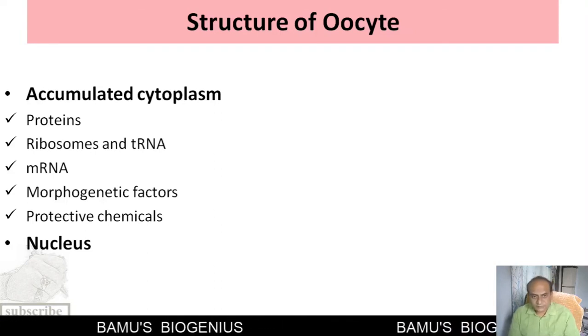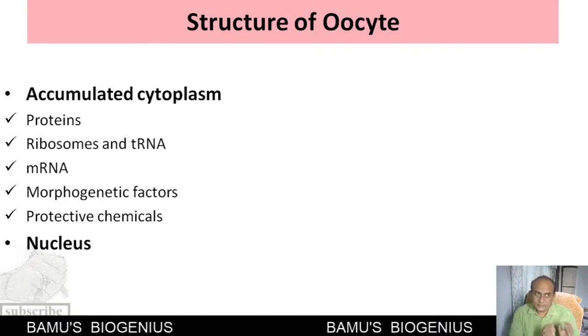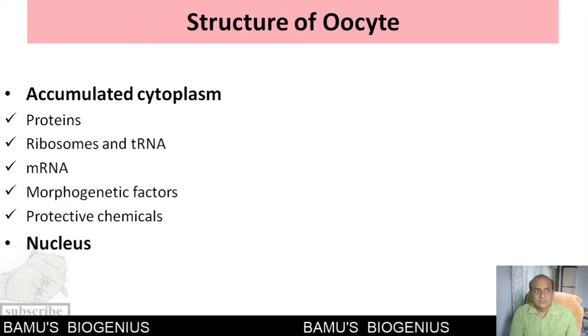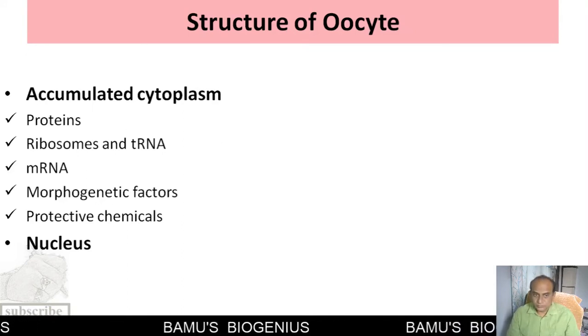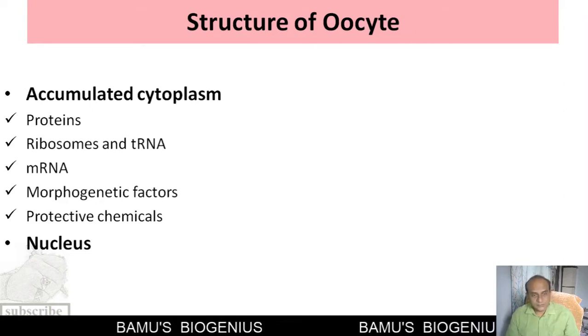Now, when this zygote becomes a multicellular animal, the morphogenetic factors that are present at a particular region of the oocyte affect the development of these particular cells, and thereby produce differentiation in that multicellular zygote. So these morphogenetic factors are also present in the cytoplasm.